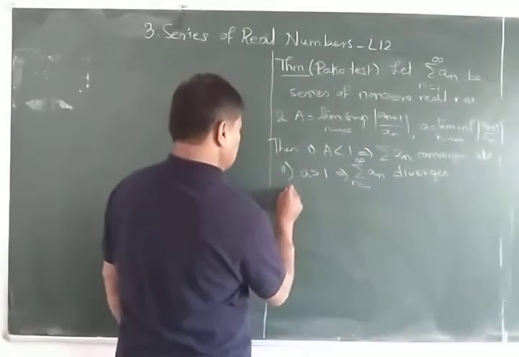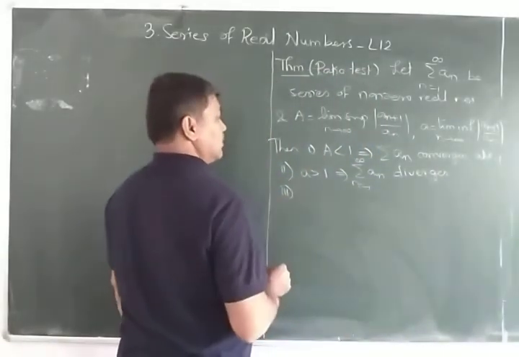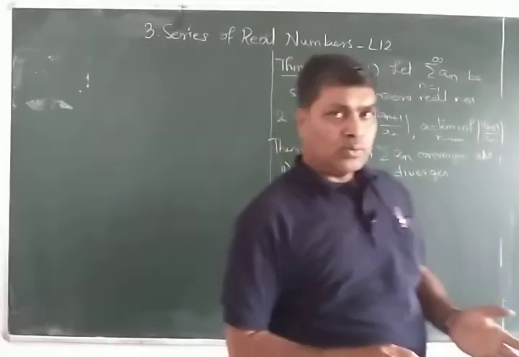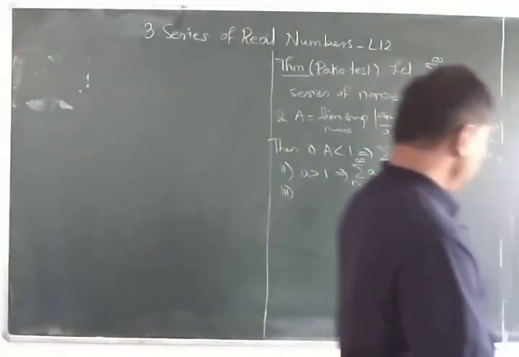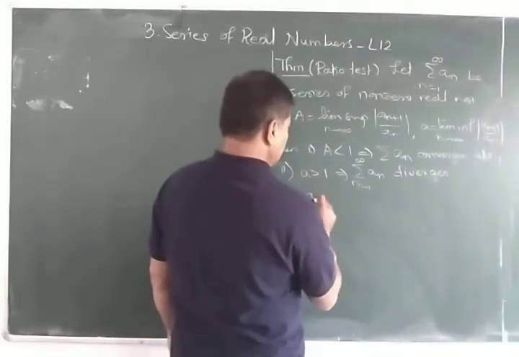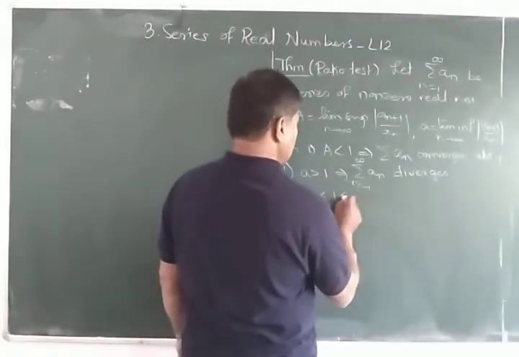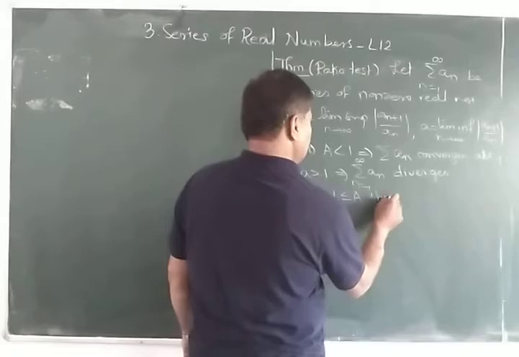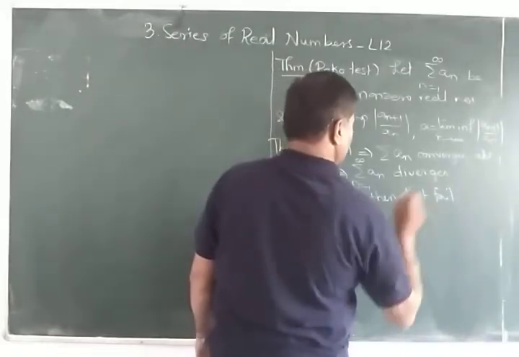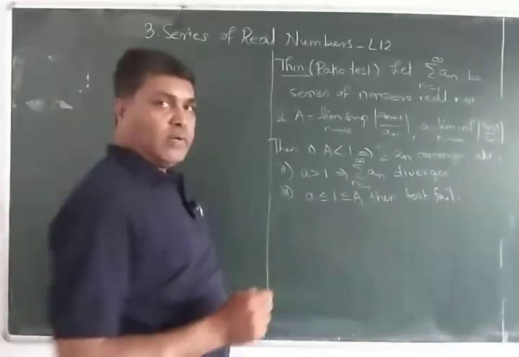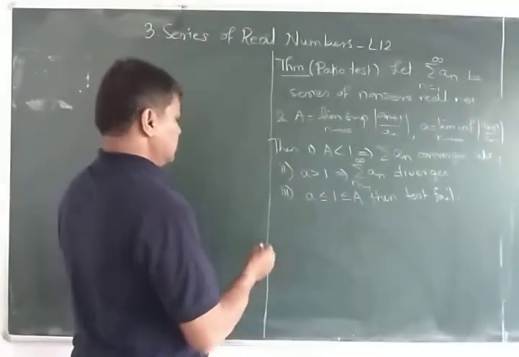Third, if small a is equal to capital A is equal to 1, or if small a is less than or equal to 1 is less than or equal to capital A, then the test fails. Okay. Proof.